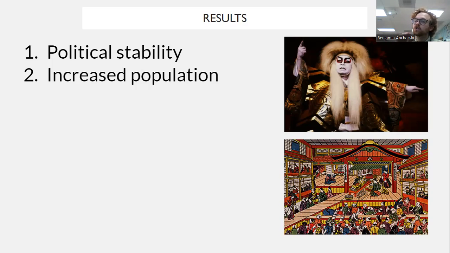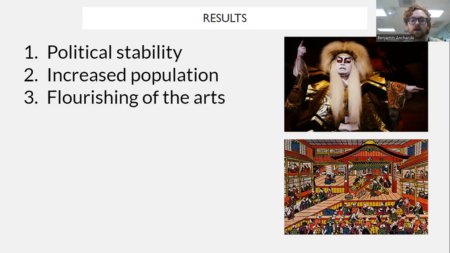And Japan's population does greatly increase as a result of a return to political stability and centralization. Less wars means more time for farming, means more time for food, means more time for people and baby making, etc. So an increased population will occur as a result of centralization and political unity.